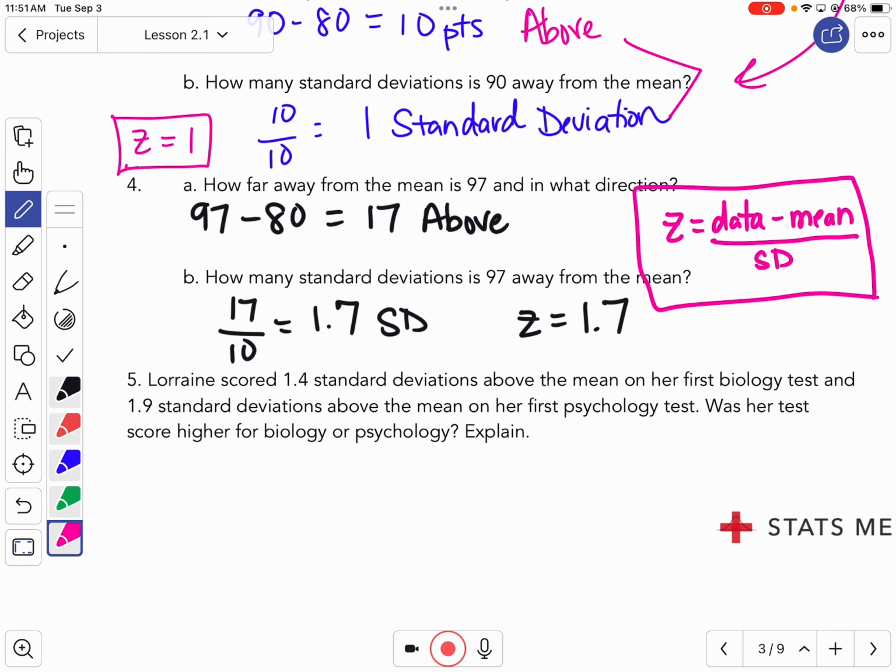Yeah, we're not going to know unless we actually have the mean. Because what if the mean on the biology test was 95 and she made 1.4 greater, but the mean on the psychology test was 45, and she made 1.9 higher? You see what I'm saying? We have to know the mean. We can't tell right now. We need the mean to be able to compare.